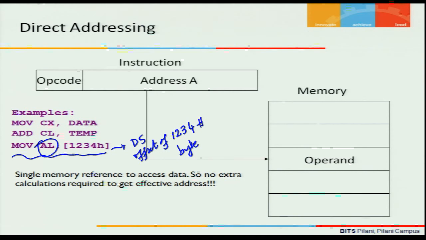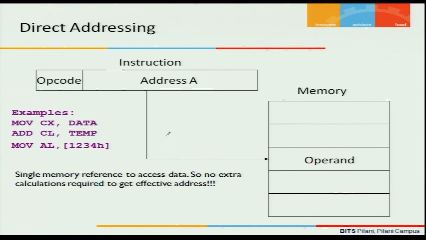You could have moved a value from a register to a memory location as well. So that is also perfectly feasible and can be done. For example, I can write the instruction move within square brackets 1234 hex, comma, AL.